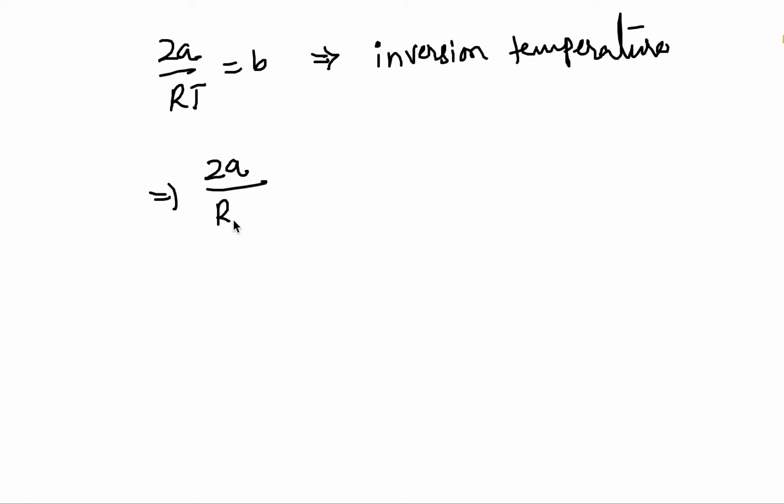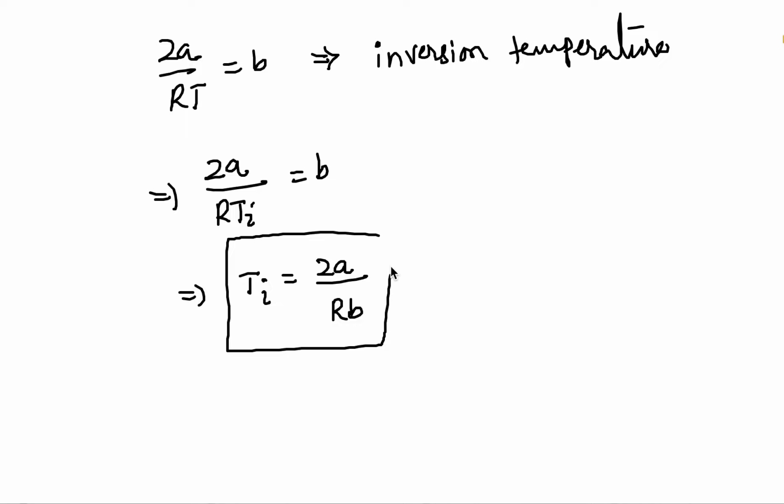That is, R Ti is equal to 2A over B. So from this, the inversion temperature Ti equals 2A/Rb. This is the expression for the inversion temperature of a real gas, which only depends on A and B of the gas. And it's very, very important. So the A and B values decide the inversion temperature of a gas.